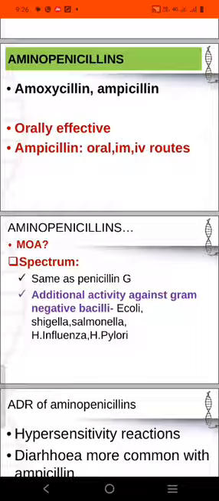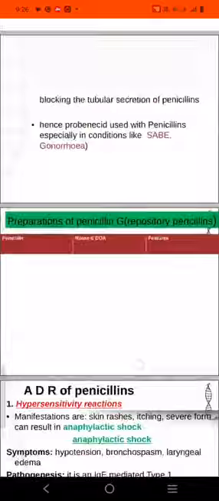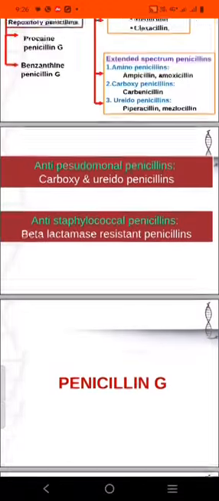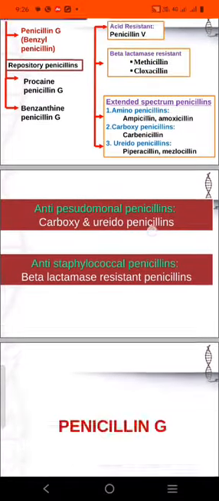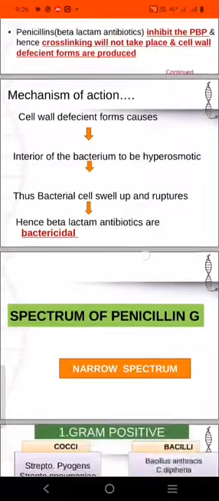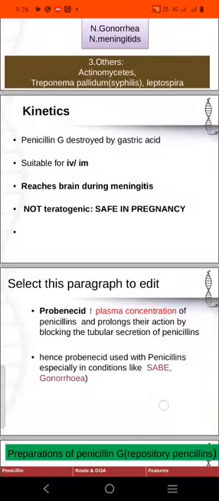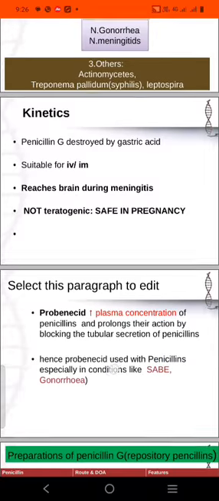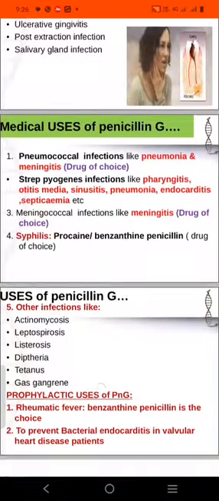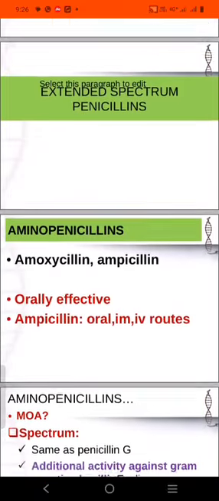If you see the spectrum of activity, it is the same as penicillin G. What is the spectrum of activity for penicillin G? It is effective against gram-positive bacteria like Streptococcus pyogenes, Streptococcus pneumoniae, Bacillus anthracis, Corynebacterium diphtheriae, anaerobes like Clostridium tetani, Listeria, N. gonorrhoeae, meningitis, and other actinomyces, Treponema pallidum, etc. Ampicillin also has the same therapeutic uses.